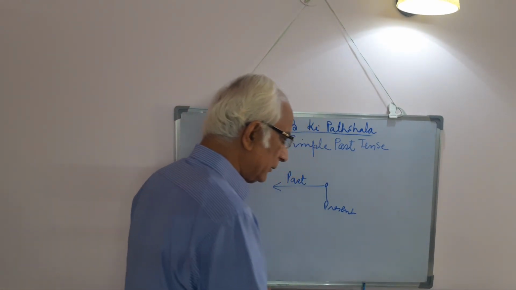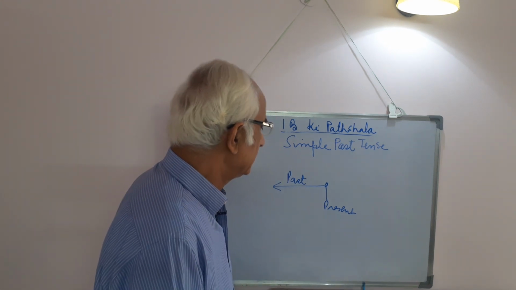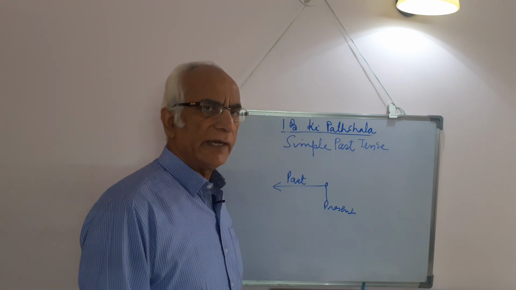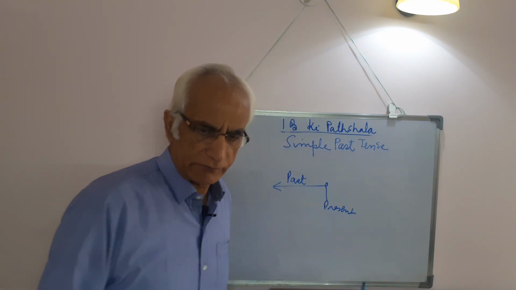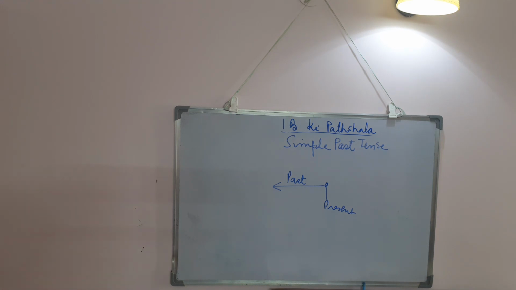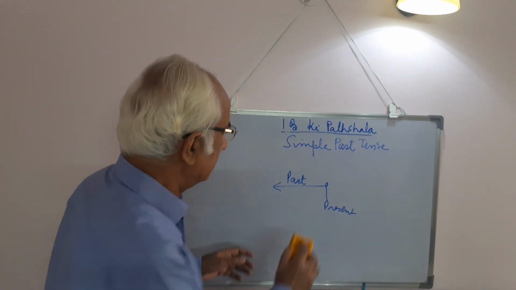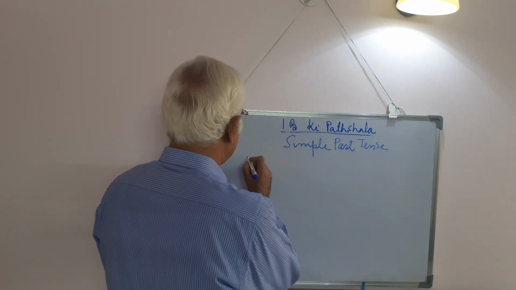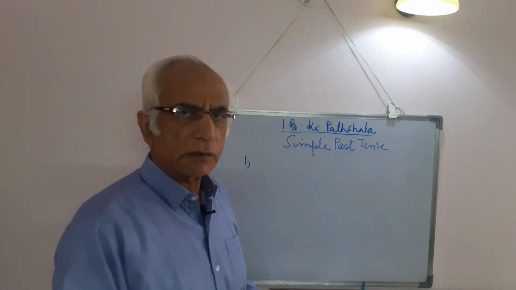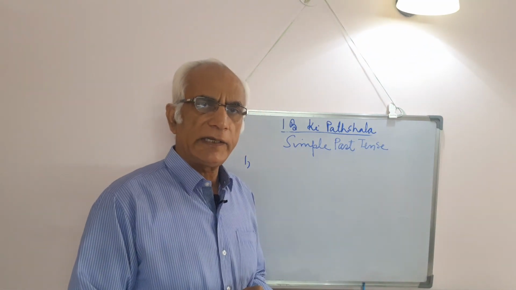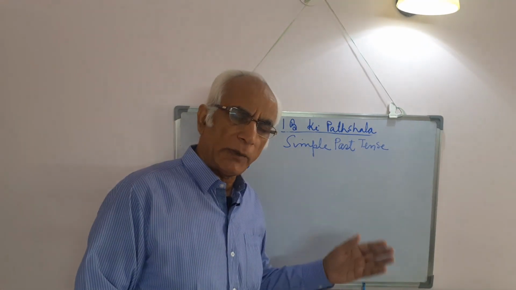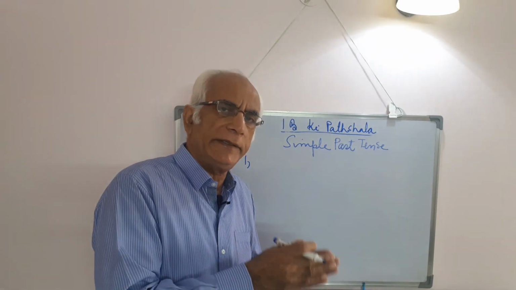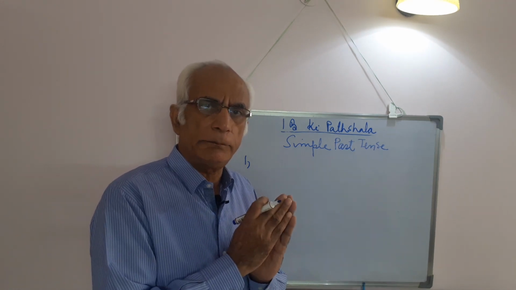So how do we use the verb in simple past tense and in what all situations? First situation is when we talk about actions or events that happened in the past and are already complete. Anything that happened in the past and is already complete.